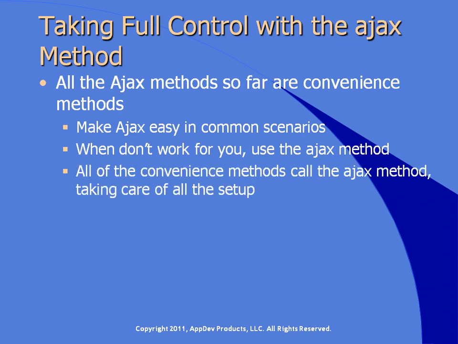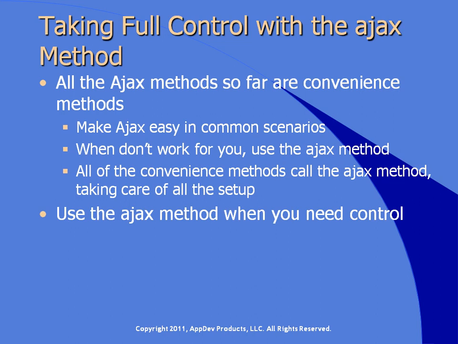This is the method that all of the convenience methods ultimately use to make the actual call to the server. They do this by performing all of the setup necessary and setting default values for various arguments that work for the particular AJAX task at hand. You can make use of the AJAX method directly to handle the scenarios not easily handled, or not handled at all, by the convenience methods.